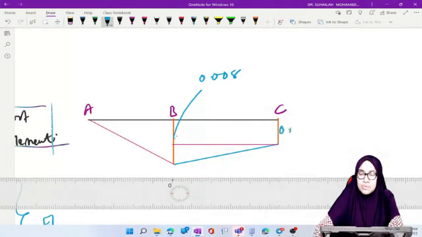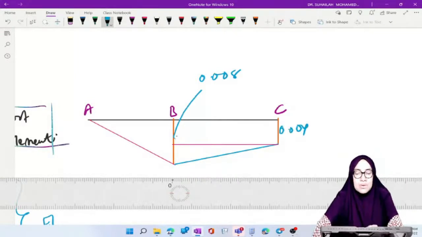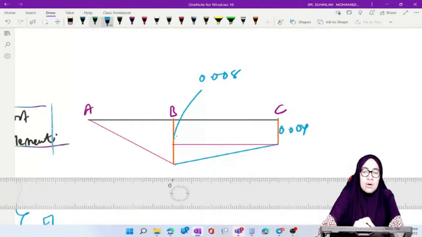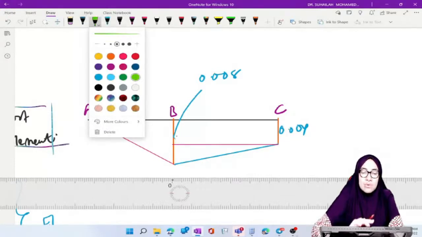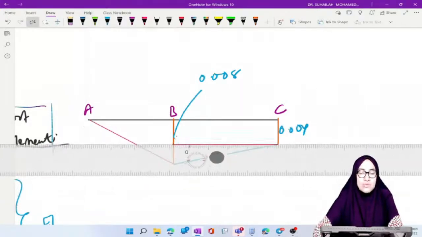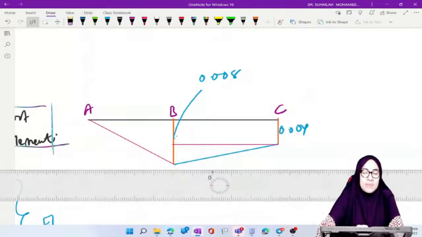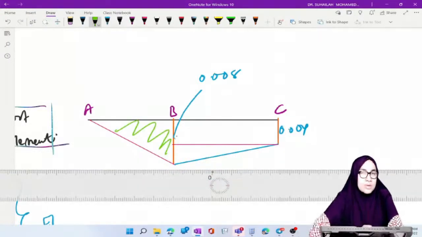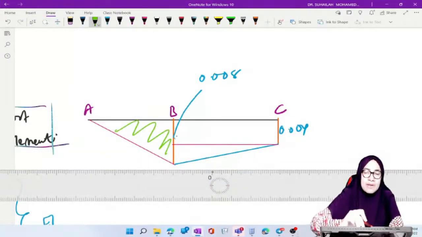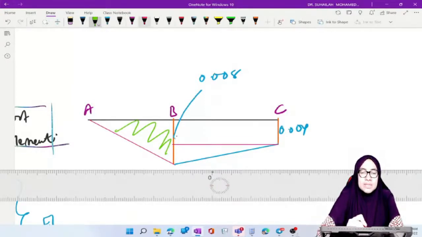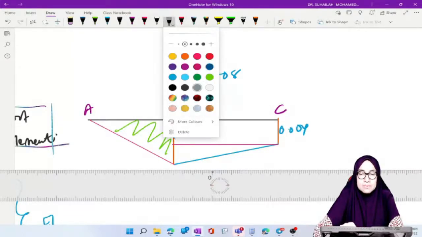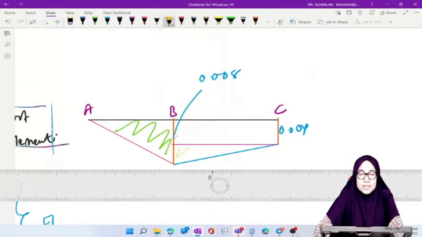Where is the triangular? For AB, this is the triangular. For BC, it is this area.